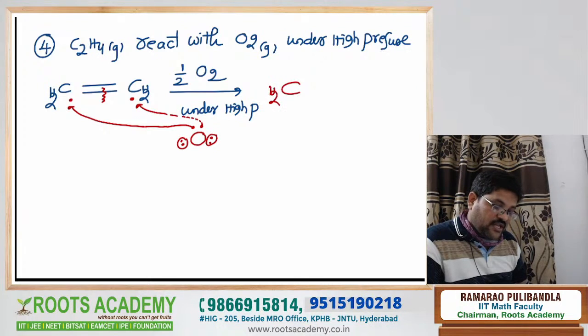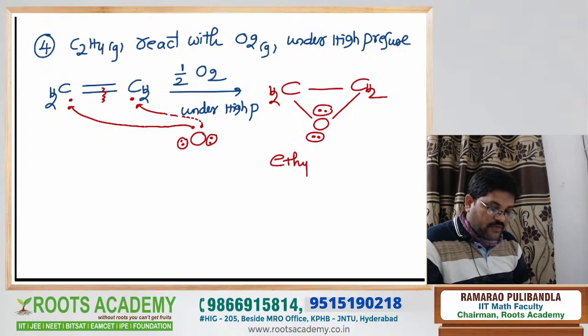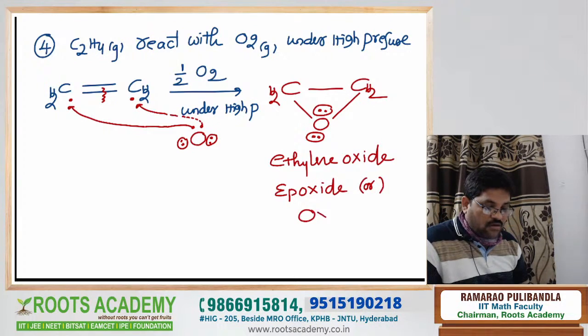You get CH2 single bond CH2, and you got what? Ethylene oxide. And what is forming? Ethylene oxide is forming. Its common name is what? The common name is ethylene oxide, simply called epoxide. What is the name of this? Epoxide. This is also called what, students?